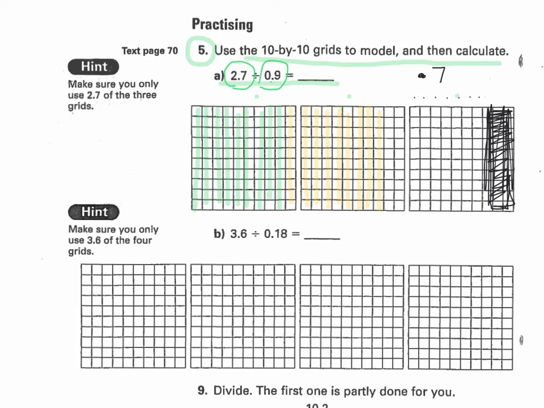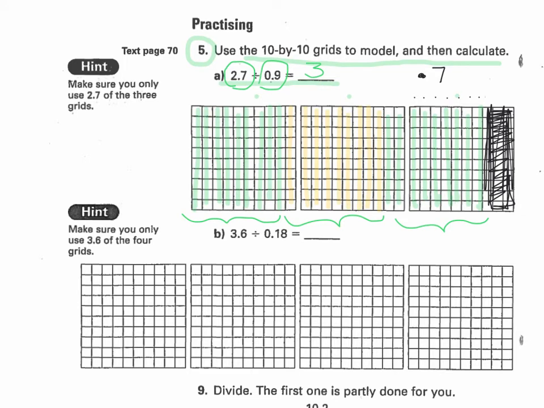I'm going to switch colors again. 1, 2, 3, 4, 5, 6, 7, 8, 9. I don't have anything left over. 0.9 goes into 2.7 3 times.